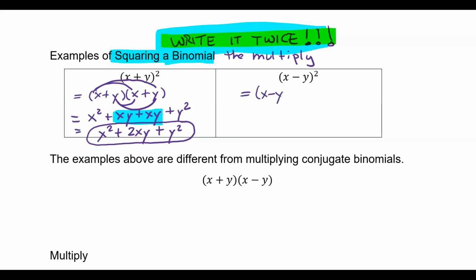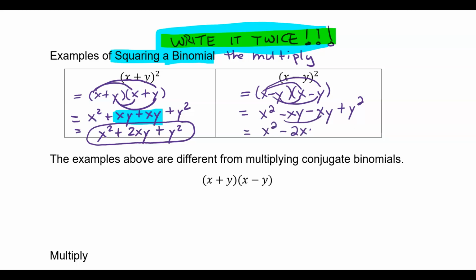So we're going to rewrite it as x minus y times x minus y. We're going to FOIL that. It becomes x squared minus xy minus xy plus y squared. Then we have x squared minus 2xy plus y squared.